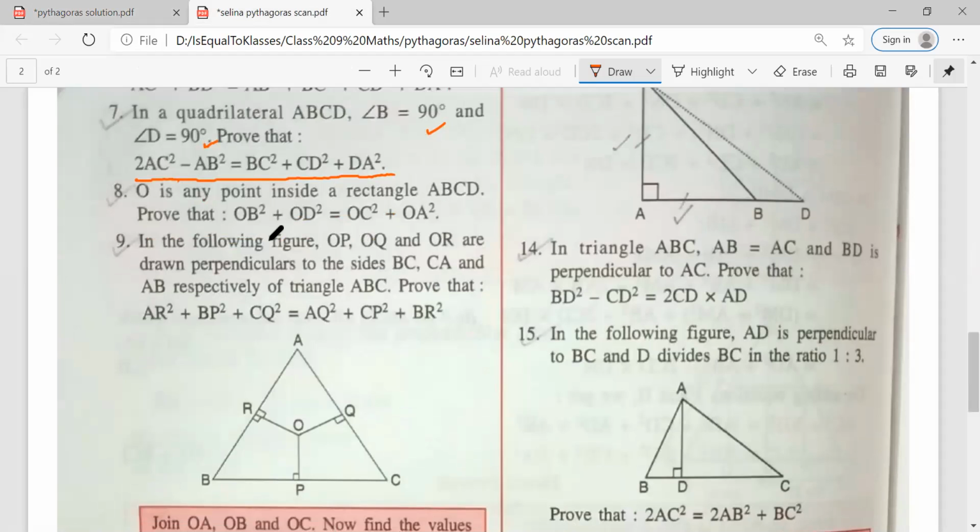Question number 8. O is any point inside a rectangle ABCD. Now what we need to understand is that we will make a mistake if we do the question like this. So Rudra, why will this be a mistake?